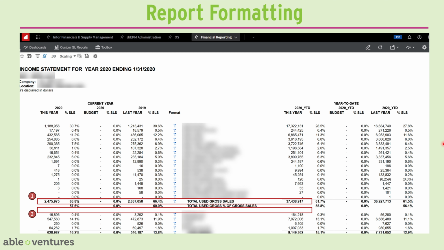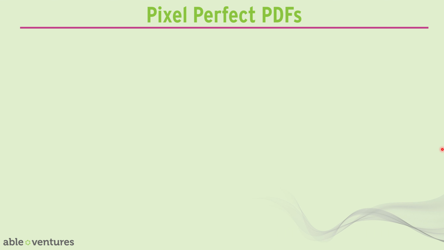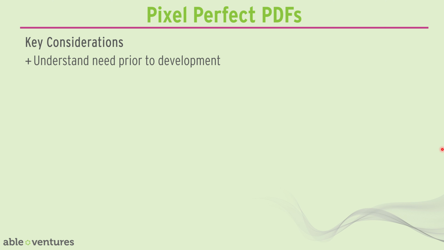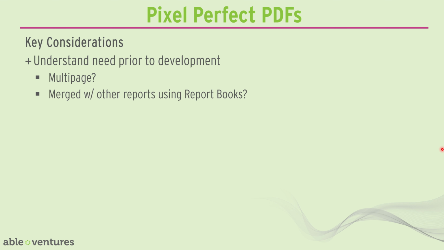Some of the key things to understand: is it a multi-paged report? Are we going to merge multiple reports into a report book like a financial report book? In regards to your headers and footers, how do we want to do this? Is the report header going to be left justified? Is it going to be centered? Is it going to repeat on every page? Most likely yes to the latter, because all those things will have an impact on how you develop this report.